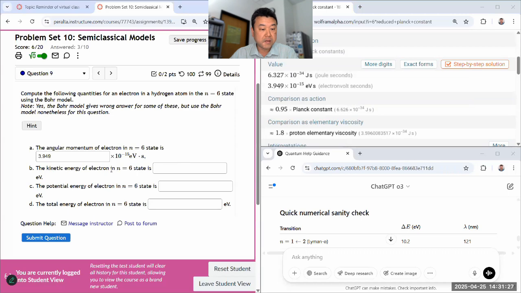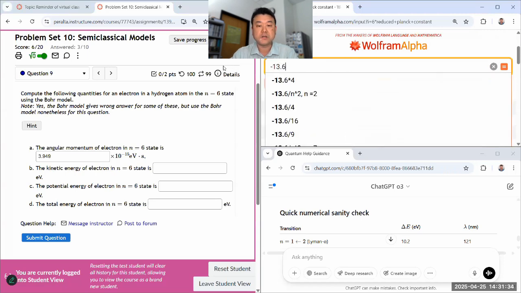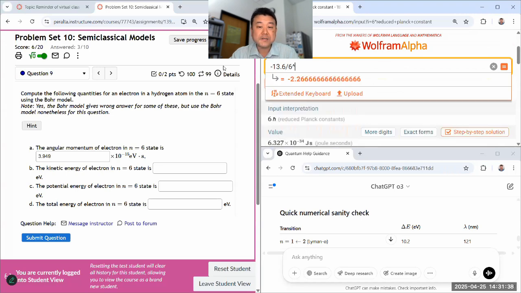Then the kinetic energy. The total energy from the Bohr formula is minus 13.6, the number I have memorized for hydrogen, divided by 6 squared, so minus 0.3778. And the interesting thing is that there's a relationship between total energy, potential energy, and kinetic energy. The kinetic energy is just this number, except positive.